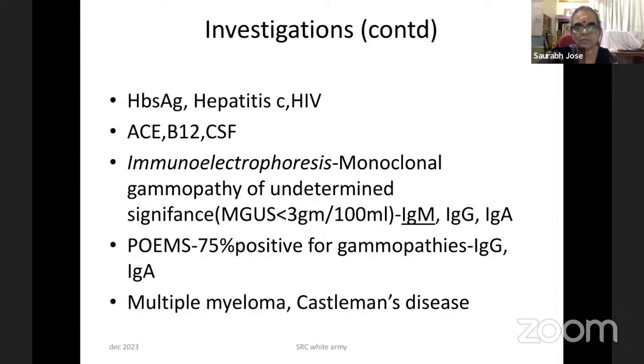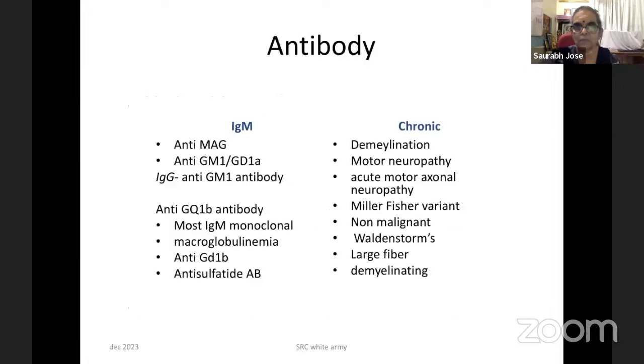You have gone through the phenotype. So if you find hypertrichosis, then only you look for myeloma. Otherwise, in every case of CIDP, you don't have to look for myeloma. If you find a lymphadenopathy, look for Castleman. So based on the clinical picture, we will plan our investigations. We have got various antibodies that can be tested based on the clinical suspicion raised.